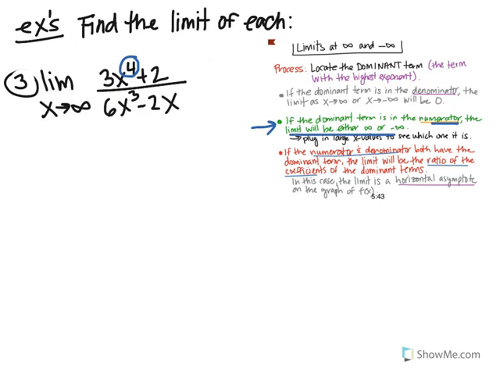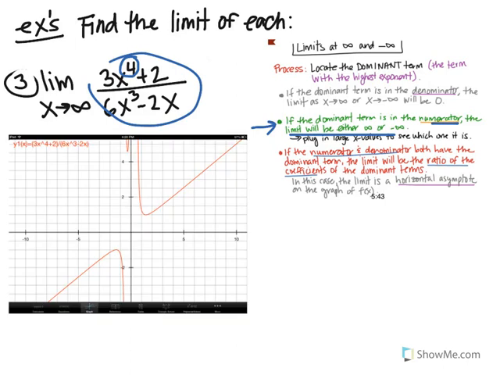You can look at the graph, so you can type this whole thing into your graphing calculator, or plug in really large x values to see which one it is. So let's look at the graph. Here's the graph, and here's positive infinity along the x-axis right there. As I trace the graph, as x gets bigger and bigger and bigger, our graph is going to get larger and larger as well. So it looks like the limit would be infinity, just looking at that graph.